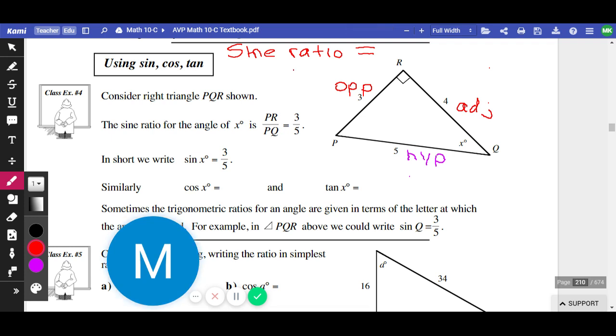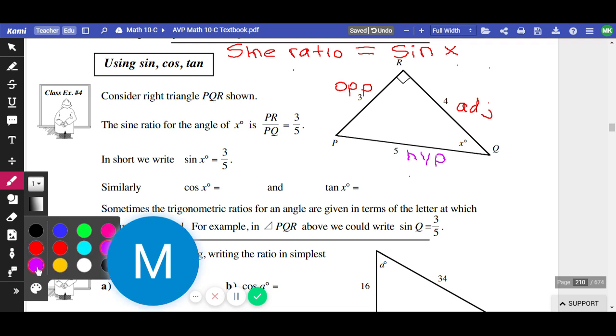I take the first three letters, so I just go S-I-N. And then I would put the angle that I used to name my triangle. So looking at this, the angle I used to name my triangle was x. So I would go sine x. And that would tell me I want the sine ratio based on angle x.